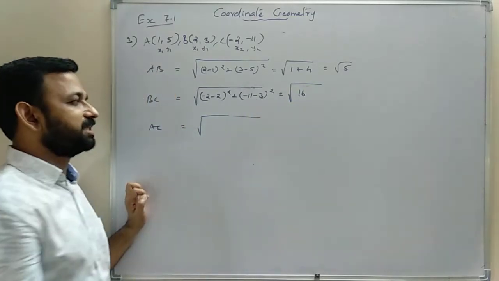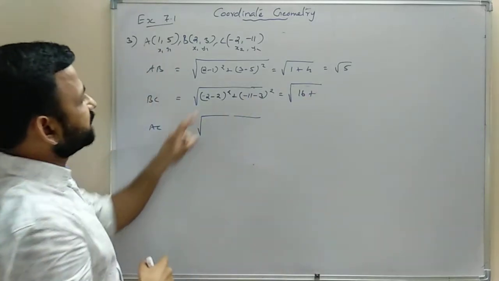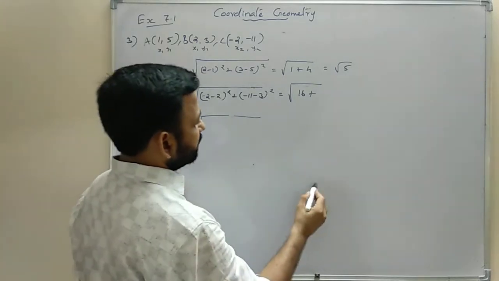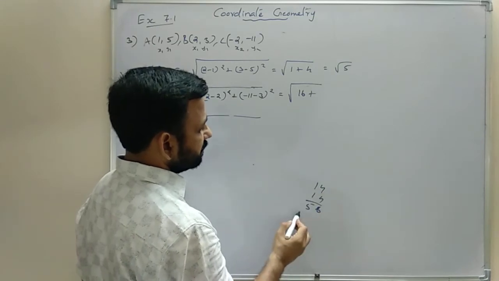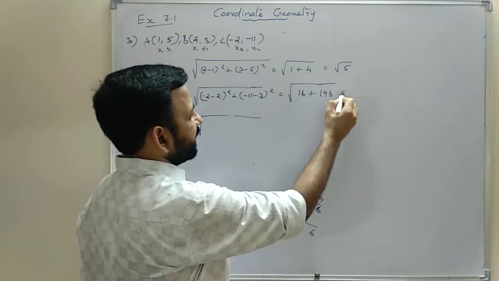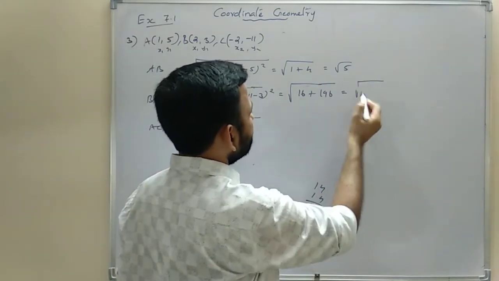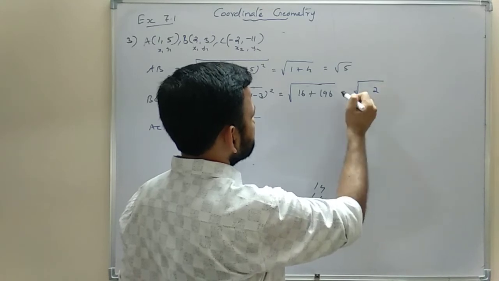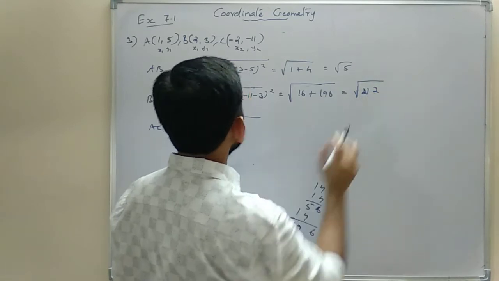Then minus 11 minus 3 is minus 14, and 14 square is 196. Then we find their sum, 196 plus 16, so BC is the square root of 212.